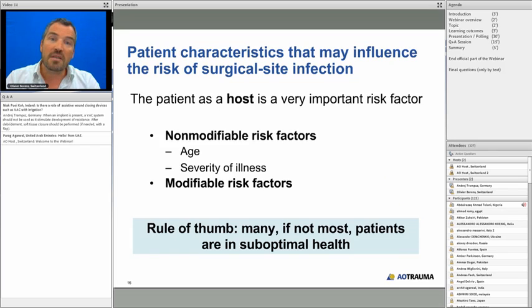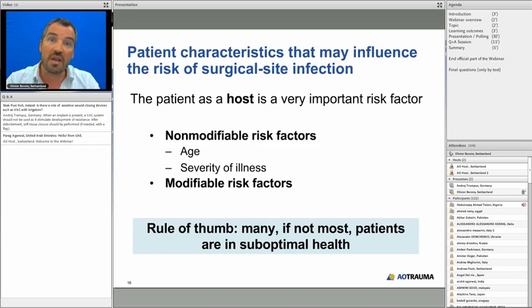But why are our patients getting infected? Our patients, of course, are a risk factor by themselves if we're starting to operate on them, and a couple of these risk factors can be influenced. So, of course, the host at the beginning is the patient with whom we have to work. The patient comes in with non-modifiable risk factors, which normally are the age, the severity of illness which he has, the severity of the lesion.